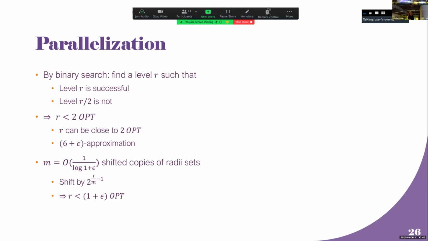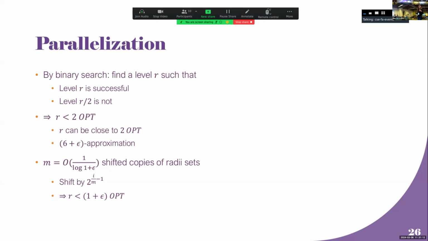And then we want to further optimize the parallelization. First, by binary search, we want to find a level such that at this level, our algorithm outputs something that's successful, and in the next lower level, something that's not. Because we can show that our algorithm is always successful for any radius that is greater or equal to opt, this implies that our R is upper bounded by 2 opt, and it can actually happen that it's very close to it.